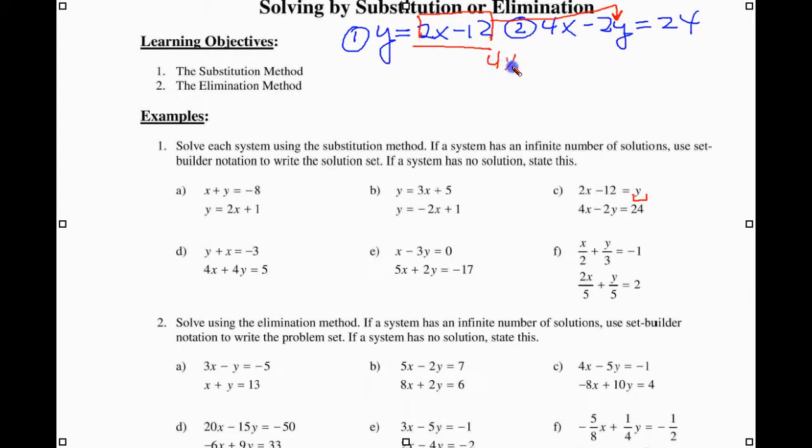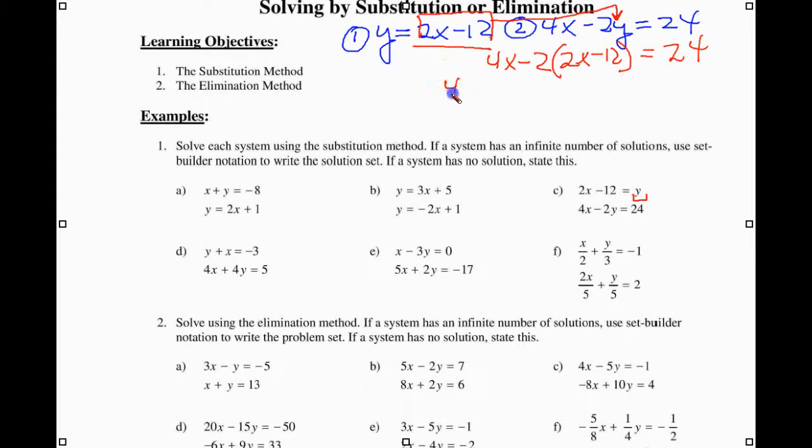So I get 4x minus 2, and here's where I'm going to put my value of y in there. 2x minus 12 equals 24. So I've gone from a system of equations with two variables, x and y, to now an equation through substitution with only the letter x. So I can do that.